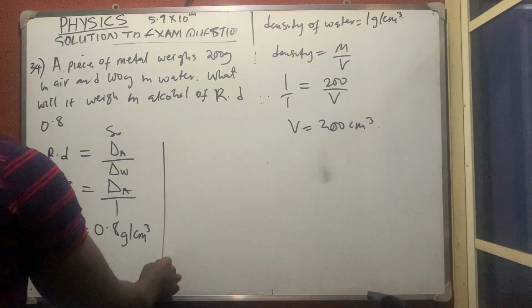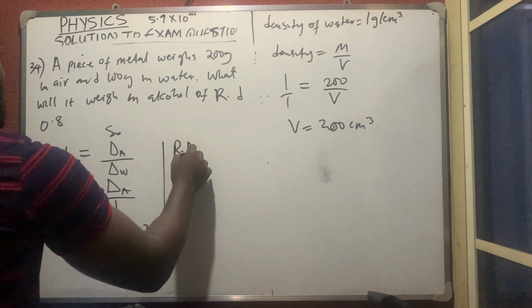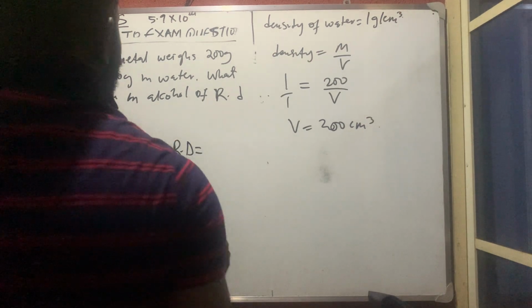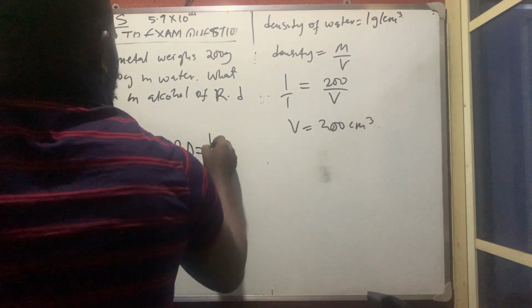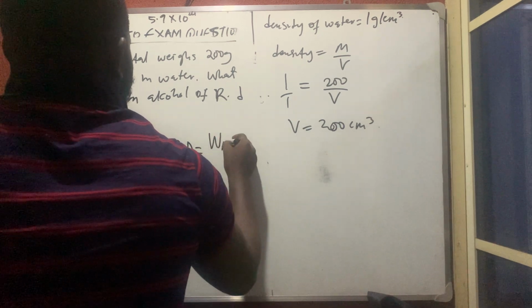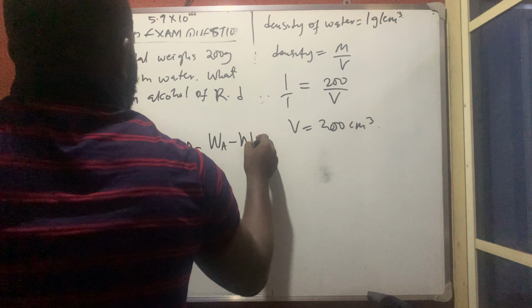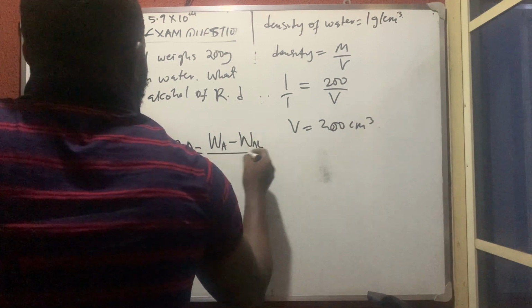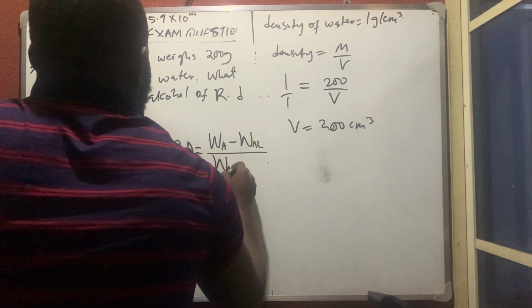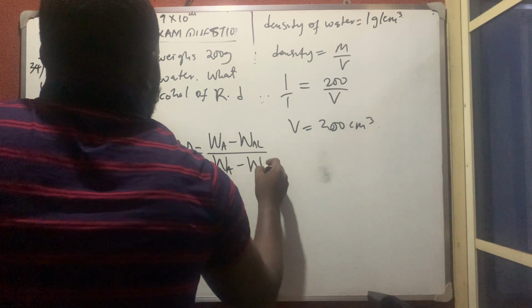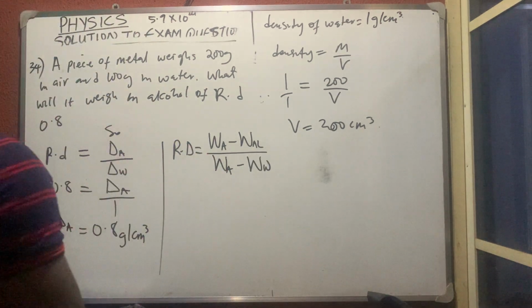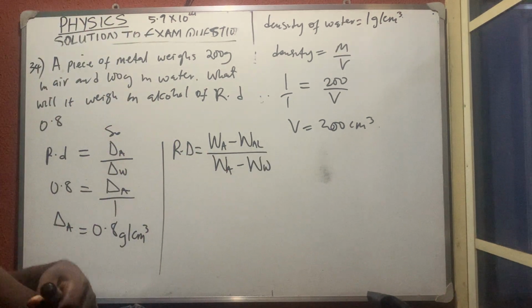Another way we can use this, we can say that relative density is simply weight of that object in air minus weight of that object in alcohol, all over weight of that object in air minus weight of that object in water.